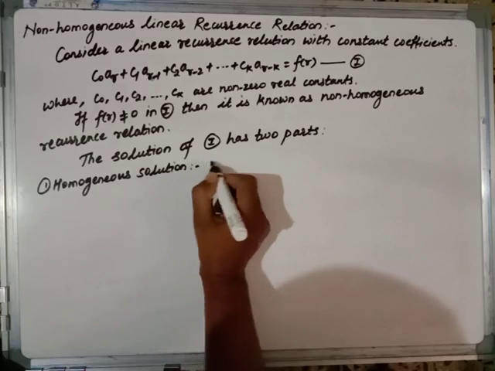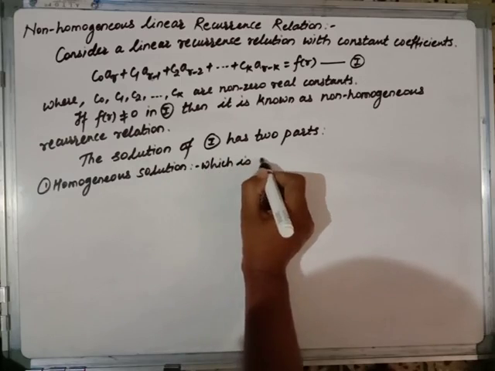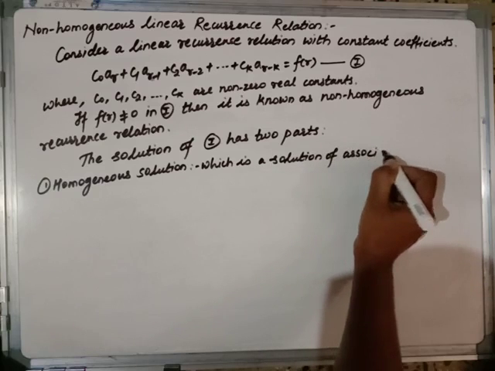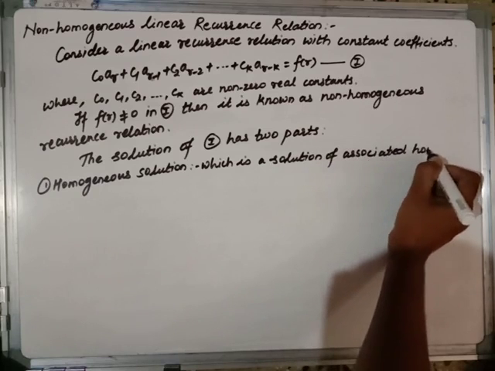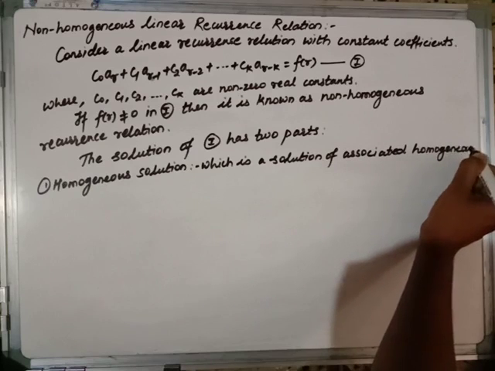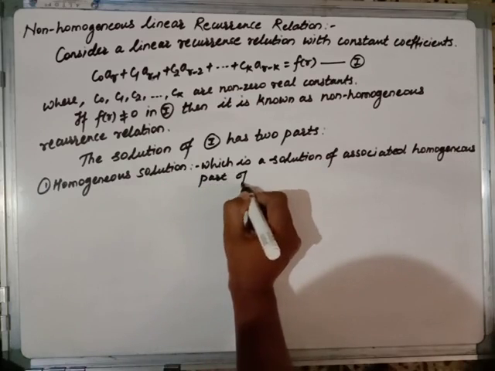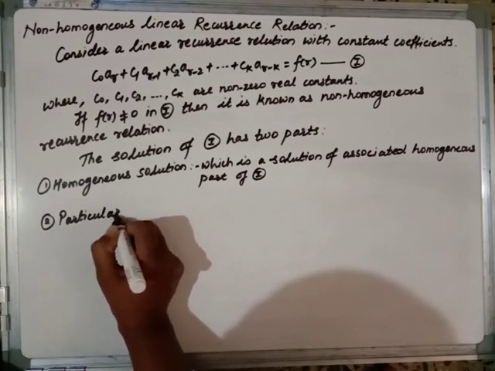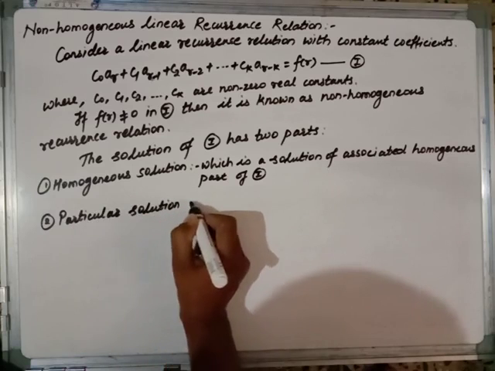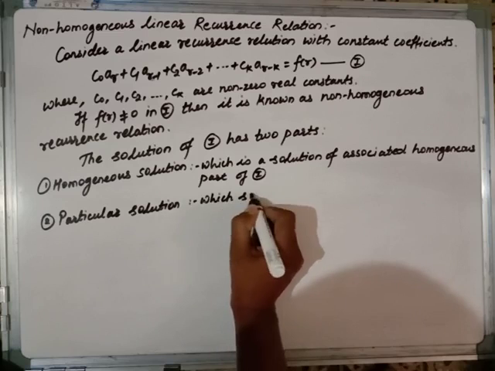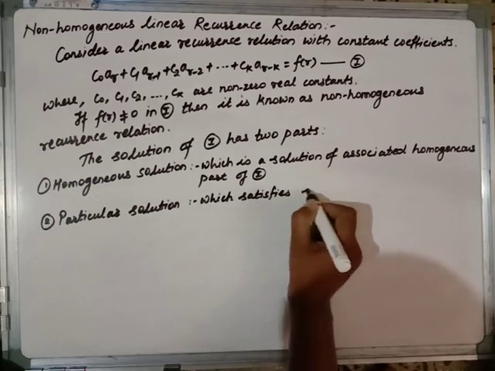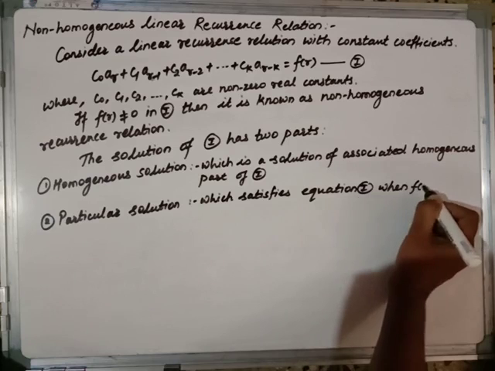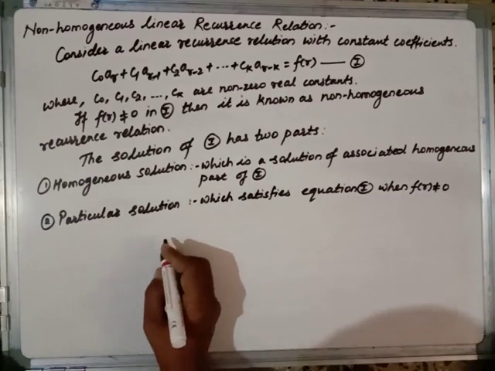You know this one: the homogeneous solution is a solution of the associated homogeneous part of equation 1, and the second part is a particular solution, which satisfies equation 1 when f(r) is not equal to 0.